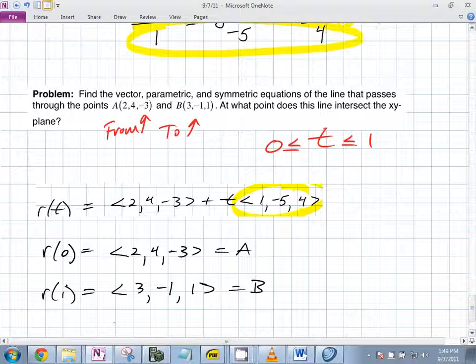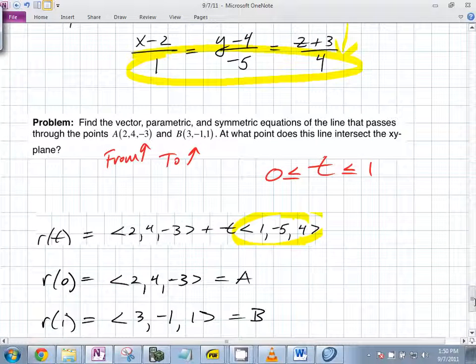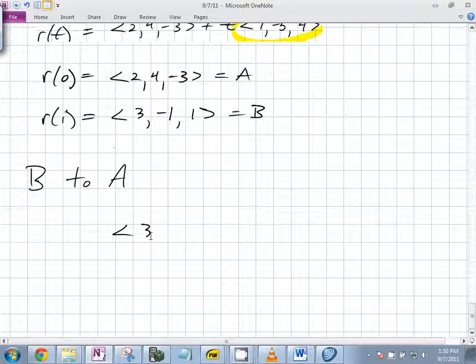Is it common to have direction vectors be unit vectors? Yeah, unit vectors pop up all over the place. So let's change this just a little bit. Let's change it to if we went from B to A. What's our new initial point? 3, -1, 1, plus t times, now we have to be really careful here.